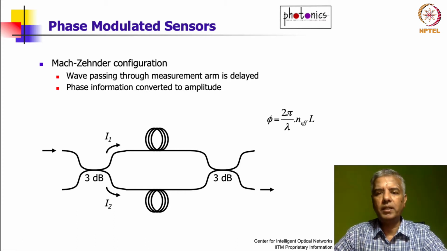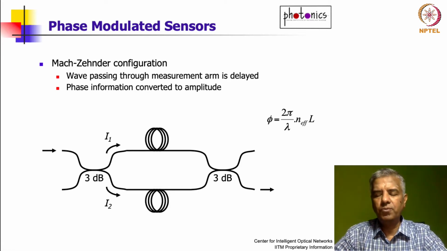So we know that phase corresponds to 2 pi over lambda multiplied by N effective multiplied by L, where lambda is the wavelength of your incoming light source, N effective is the effective refractive index of this waveguide, and L is the total length that it's traversing.